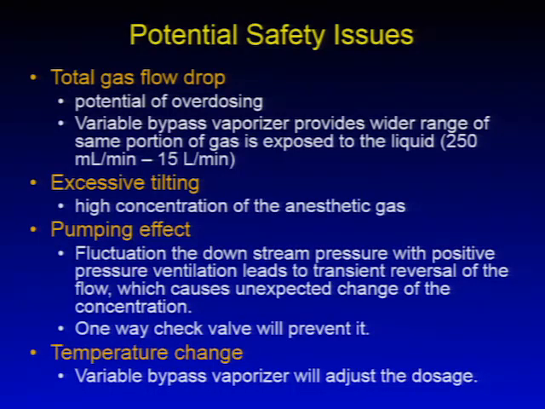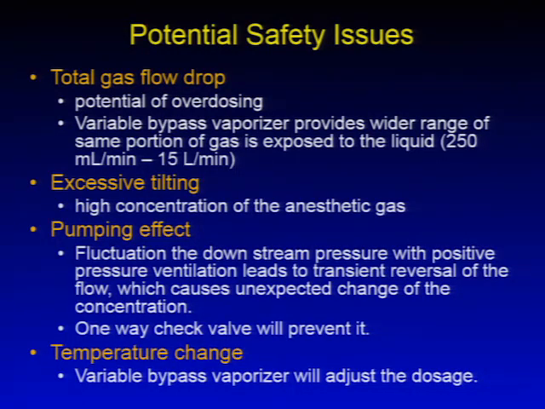But the variable bypass vaporizer provides a wider range of stable gas flow, as low as 250 milliliter per minute to as high as 15 liter per minute. So the variable bypass vaporizer is safer compared to a copper kettle.